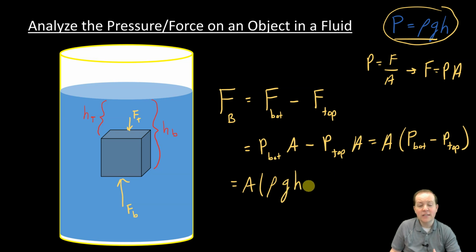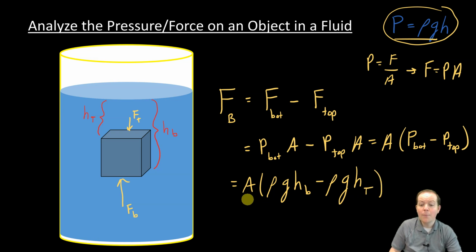Now, h is how high up the liquid is, how deep it is. The depth at the bottom of the cube, that's what I labeled right here, is h bottom, minus the density of the fluid times g times h top. The pressure on the top is based on the depth at the top, just like that, okay?